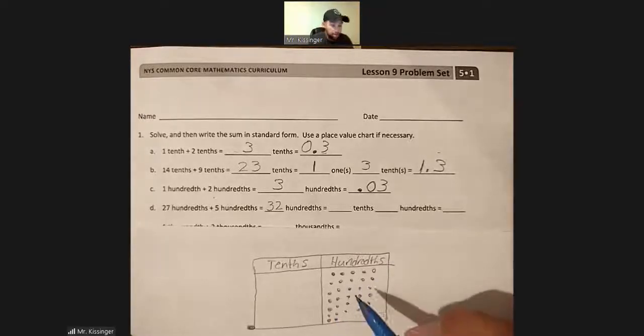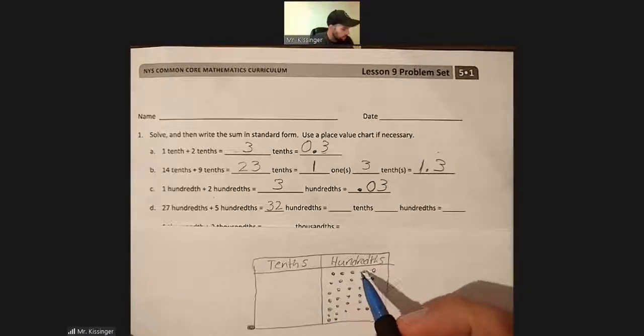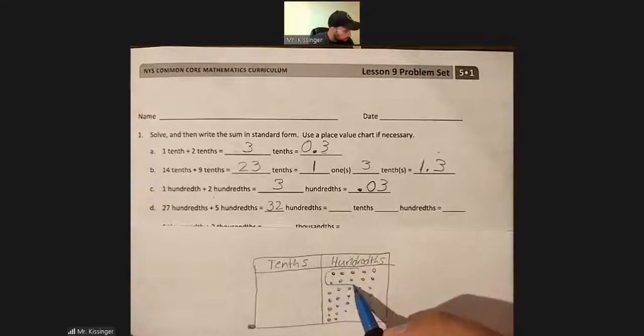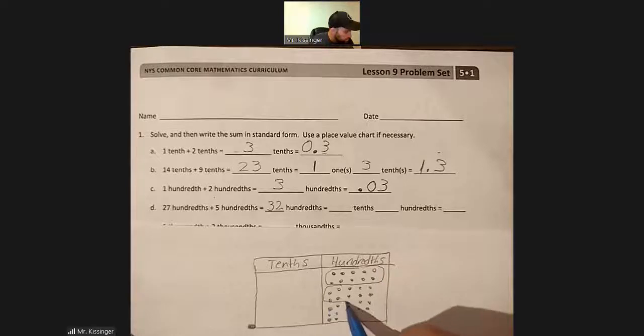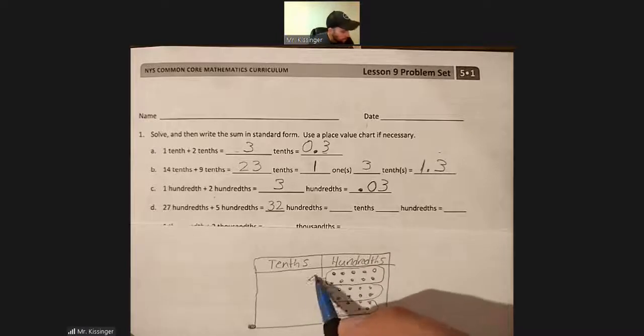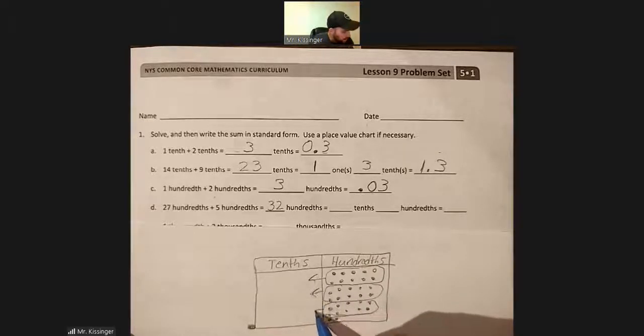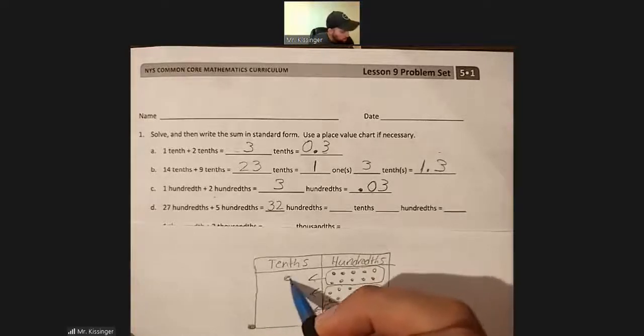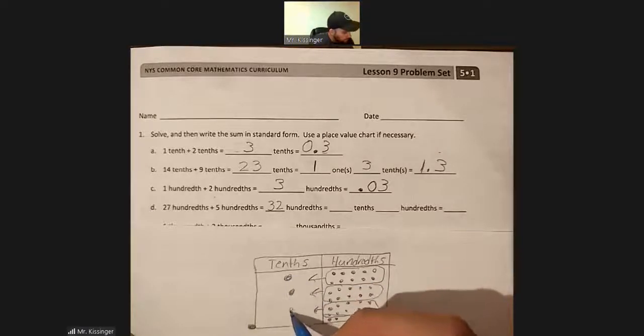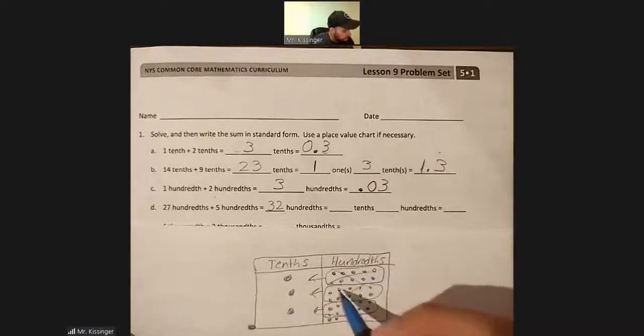And every 10, we can move over into our tenths. So we have 3200ths, we'll take 10, 20, 30 of those away. We'll make sure we get those ones in there. And we're going to move these over. So now we have 1, 2, 3 tenths. So we'll cross these out.